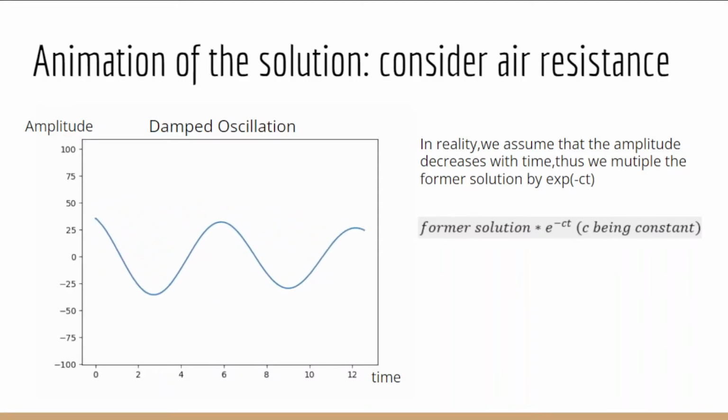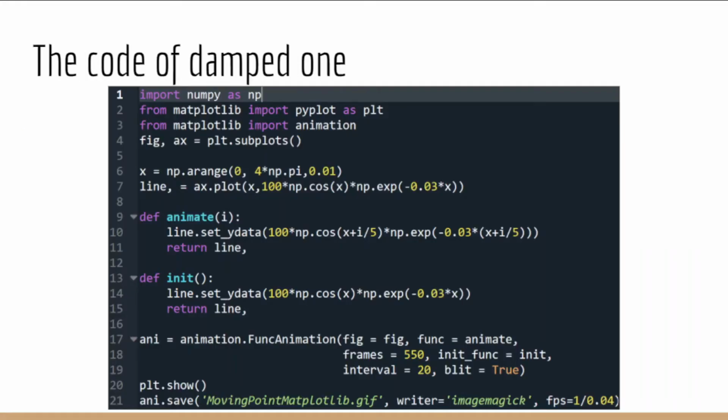This is one kind of damped oscillation, and we think the pendulum will damp and oscillate like this. So we choose this one. And this is the code of the damped oscillation.